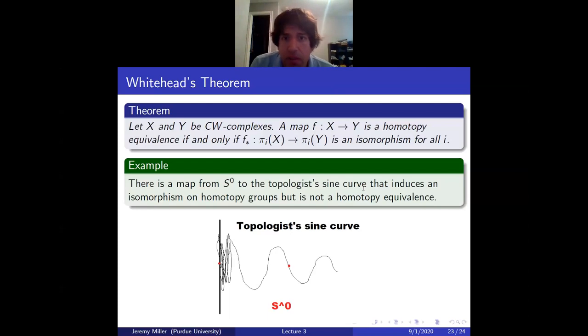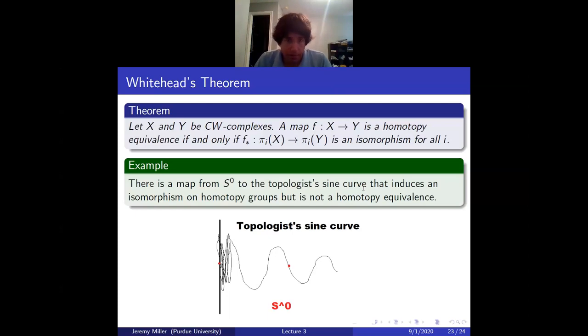Okay, so Whitehead's theorem says that if you have CW complexes X and Y, then you can tell if a map is a homotopy equivalence by checking if the map is an isomorphism on homotopy groups. So a map between CW complexes will be a homotopy equivalence if and only if it's an isomorphism on homotopy groups.